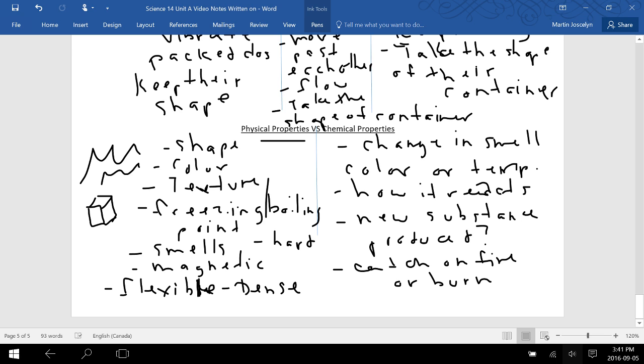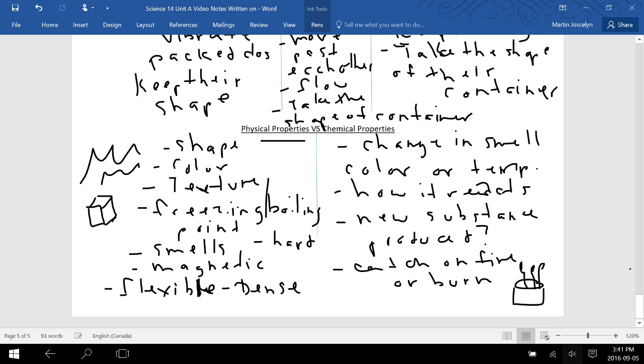That's a physical property. Whereas a chemical property could be if I'm baking a cake and I put all these different things together and all of a sudden it turns from this weird liquidy stuff into this beautiful cake. This is my beautiful birthday cake. So that was a chemical change that happened.